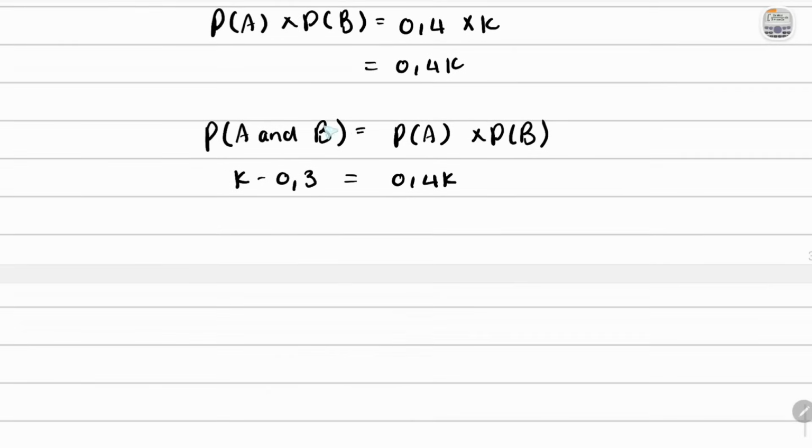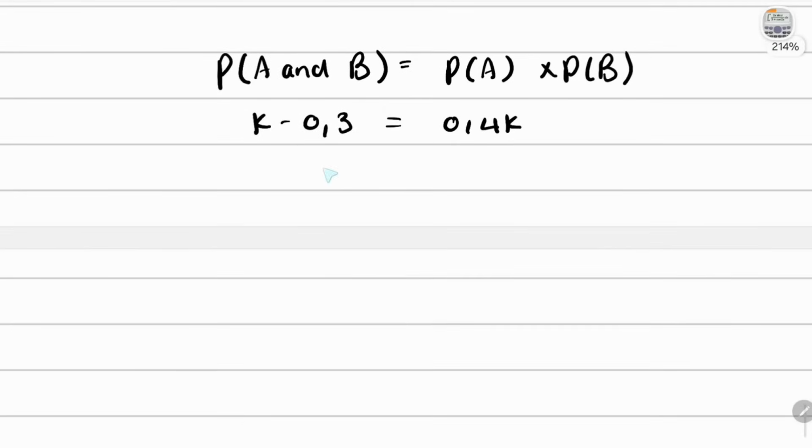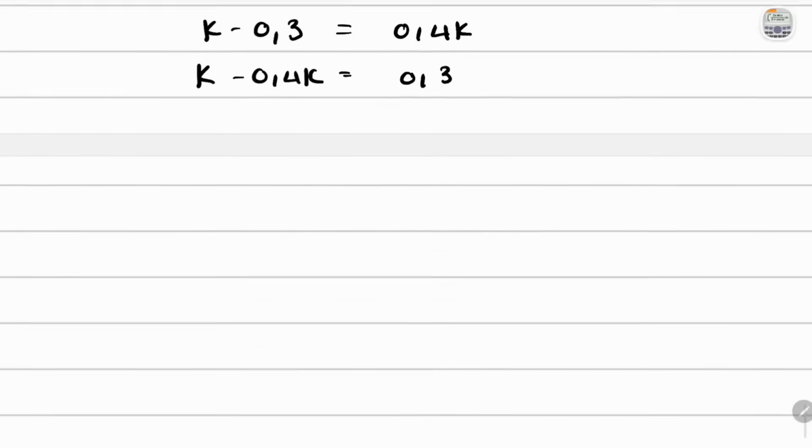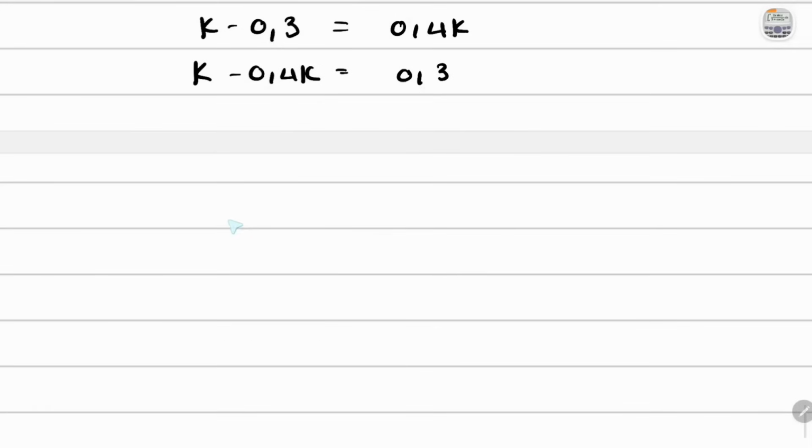Okay, so for both cases, we're using the probability of A and B, which we get from the info above. So this is K, and then if we transpose that, it's minus 0.4K. Transpose that, it's positive 0.3. So K minus 0.4K is like saying 1 minus 0.4, which is 0.6K, equal to 0.3.